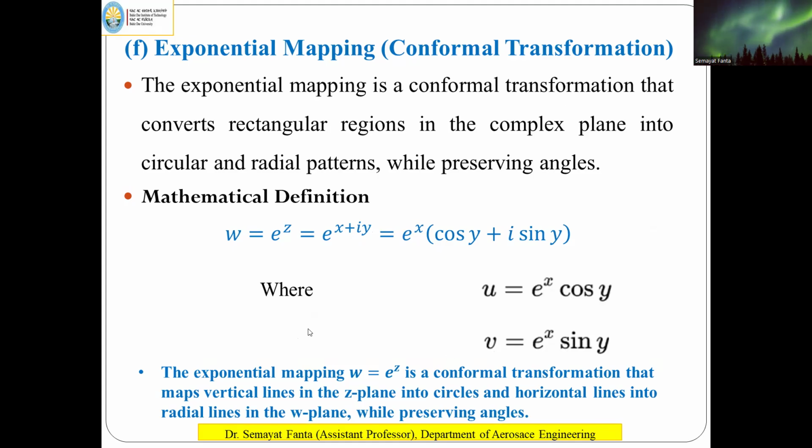Therefore, the exponential mapping W equals e raised to z is the conformal transformation that maps vertical lines in the z plane into circles and horizontal lines into radial lines in the W plane while preserving the angle.